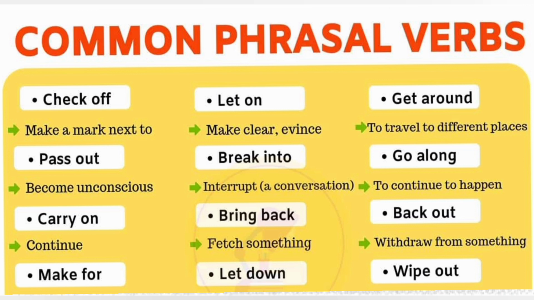And for type 4, verb plus particle plus preposition, transitive. Example, we've run out of matches. So it is very important to distinguish these 4 types in order to better understand phrasal verbs.